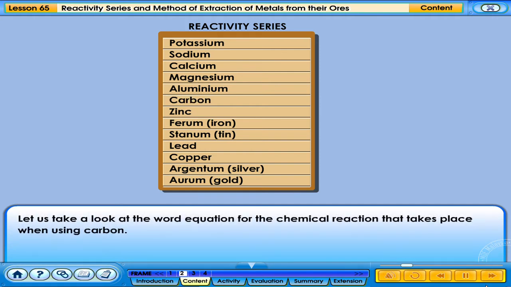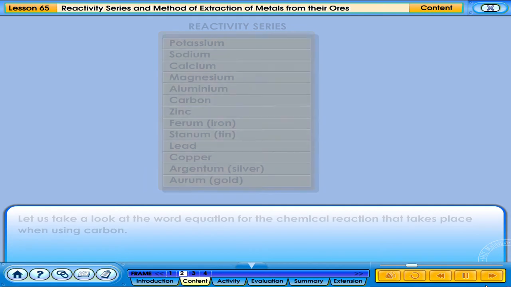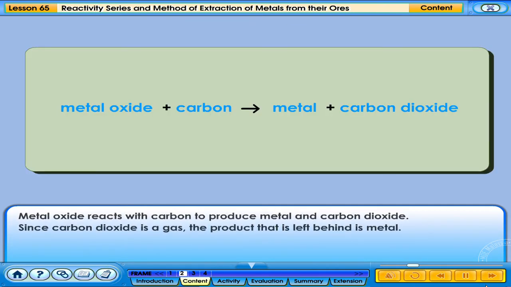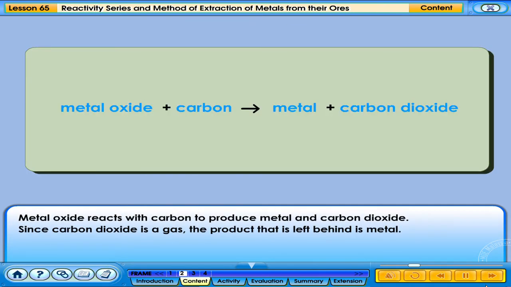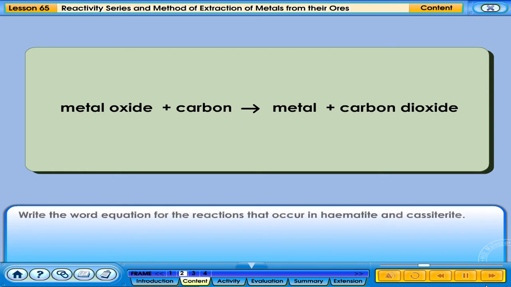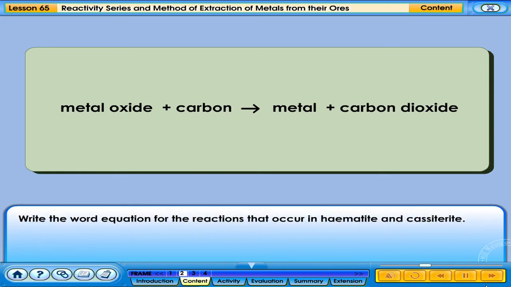Let us take a look at the word equation for the chemical reaction that takes place when using carbon. Metal oxide reacts with carbon to produce metal and carbon dioxide. Since carbon dioxide is a gas, the product that is left behind is metal. Write the word equation for the reactions that occur in hematite and cassiterite.